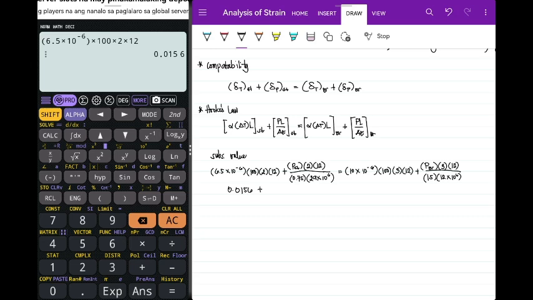Then the length of our bronze is 3 times 12, again, divided by 1.5 inches squared times the modulus of elasticity of our bronze rod.